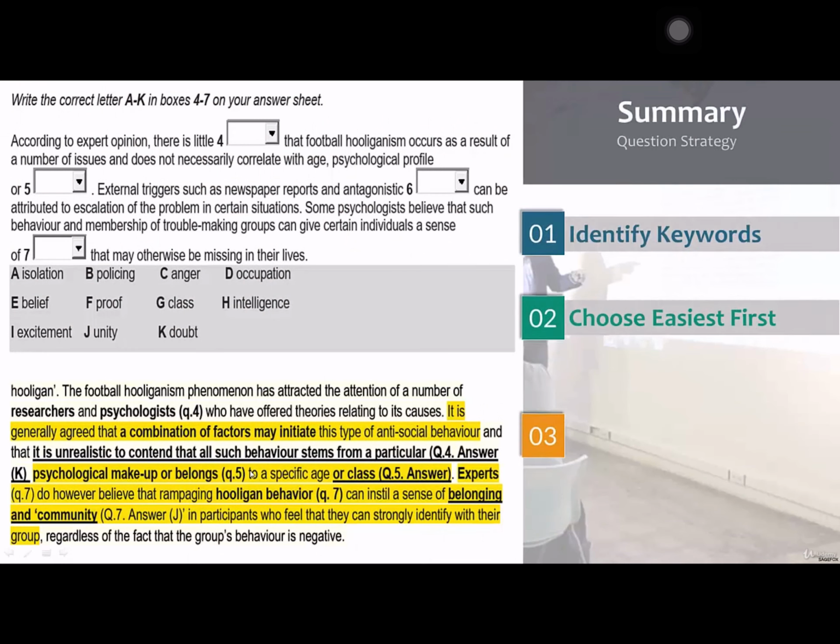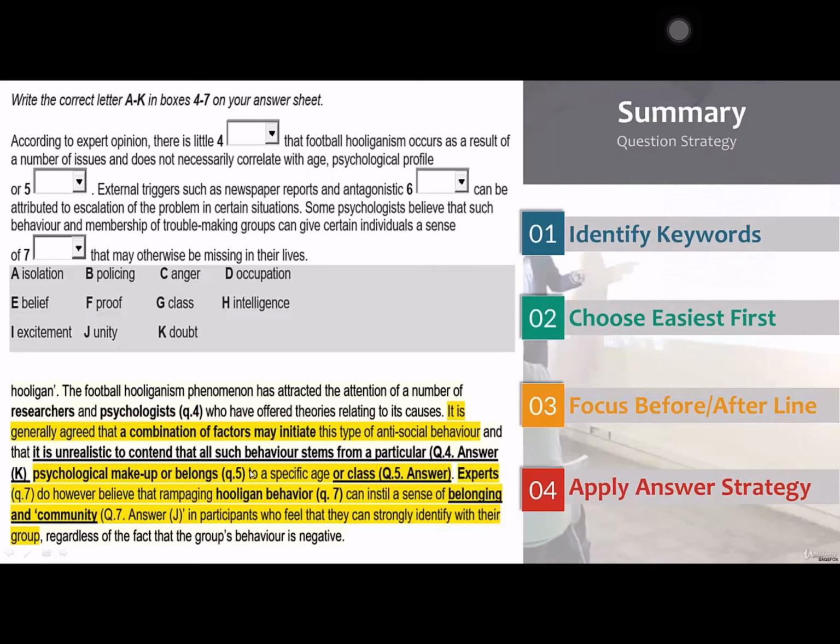And then we have the summary question where we have answer choices from the box. And as I've told you, in my opinion, this style is more difficult, more challenging, because you may have to find synonym language. So for example, it says, according to expert opinion, right?